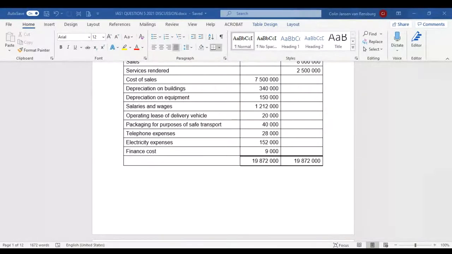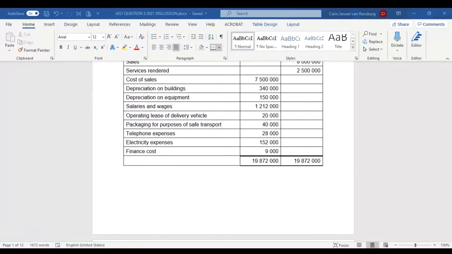So sales is one of the items, but remember, in financial accounting 1, that was the only revenue that you really encountered, and we haven't properly applied IAS1 in financial accounting yet. So now your sales and your services rendered and your interest income, they will be grouped together as revenue.